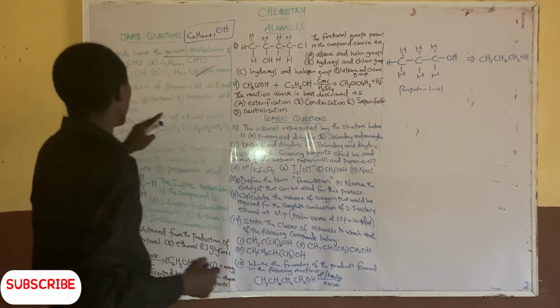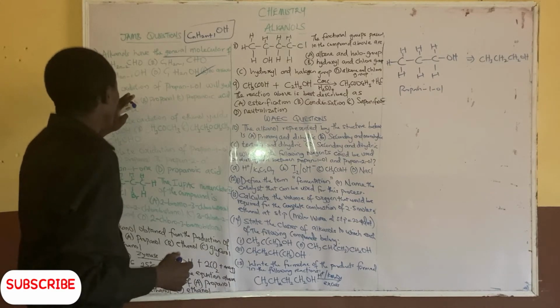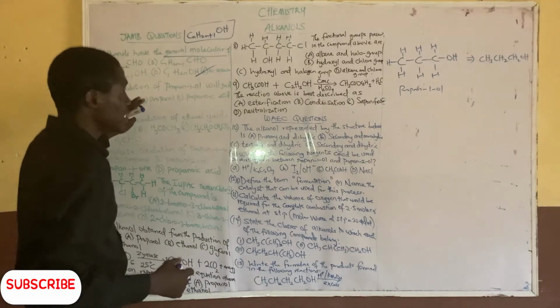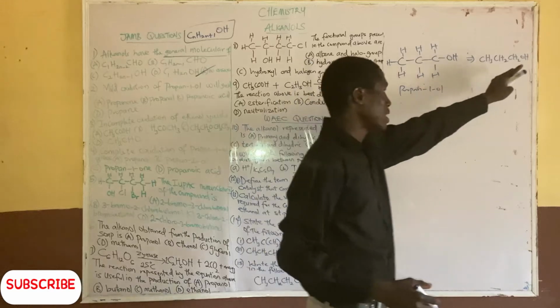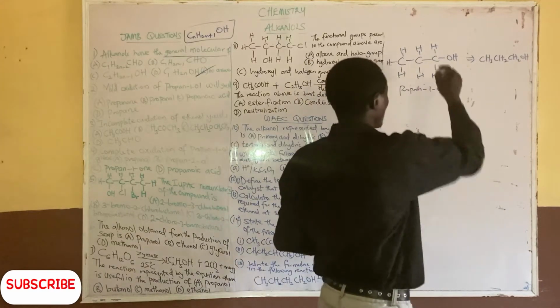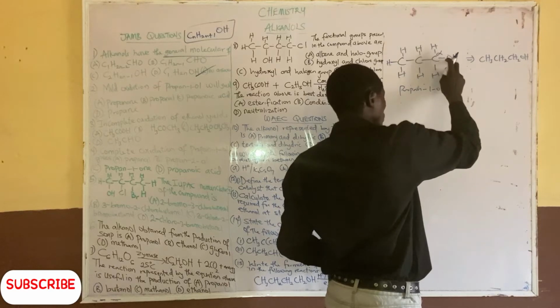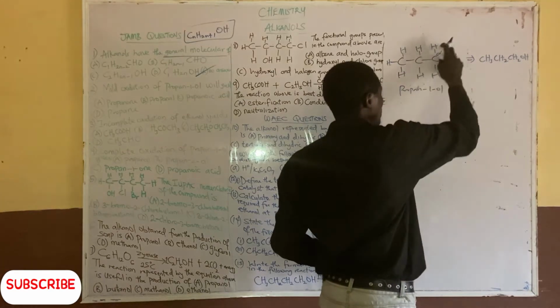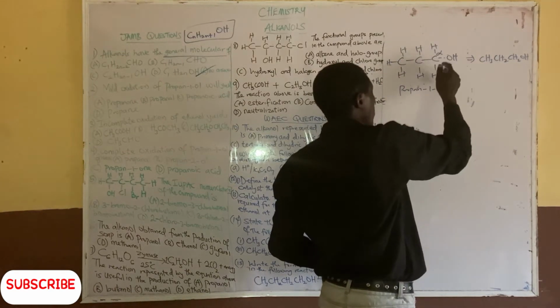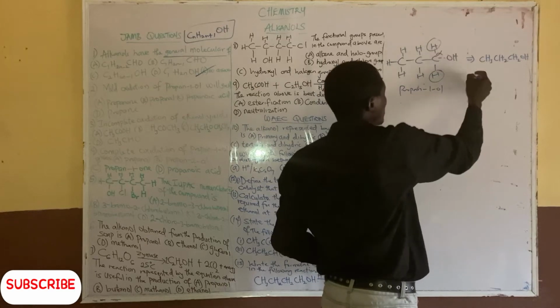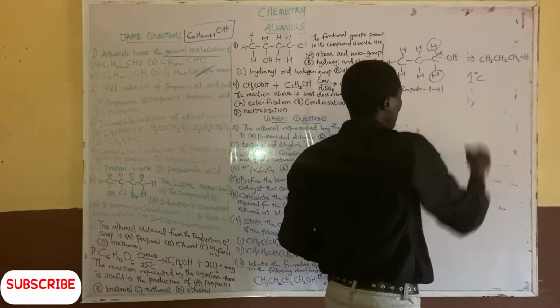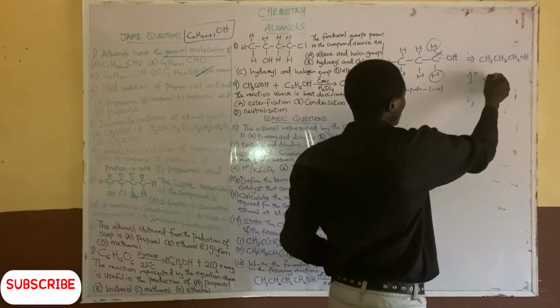Can it undergo oxidation? Yes, because it is a primary alcohol: the alpha carbon connected to the OH carries 2 hydrogen atoms. So this is a primary alkanol.